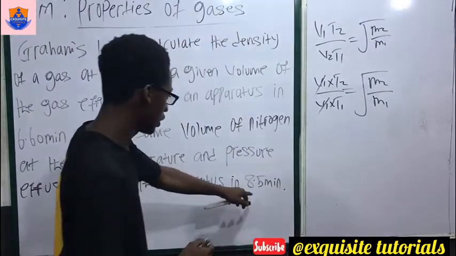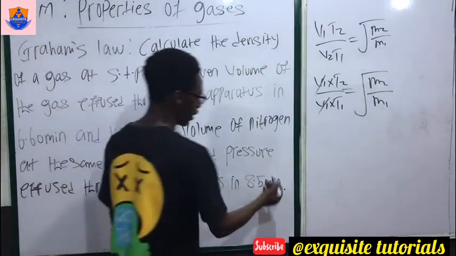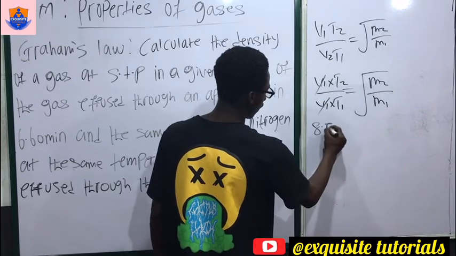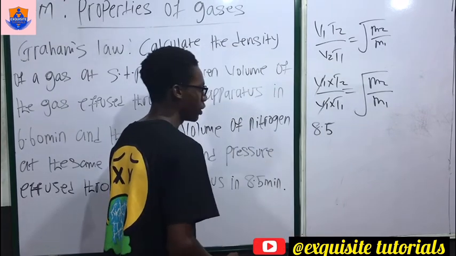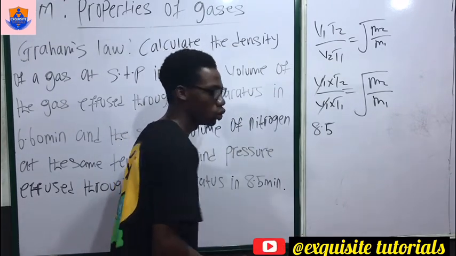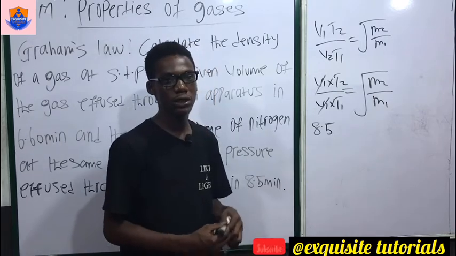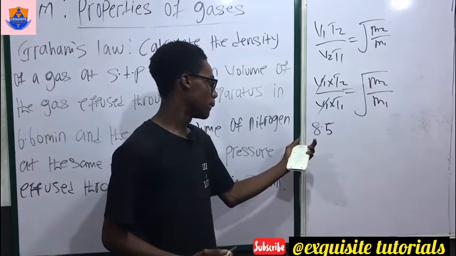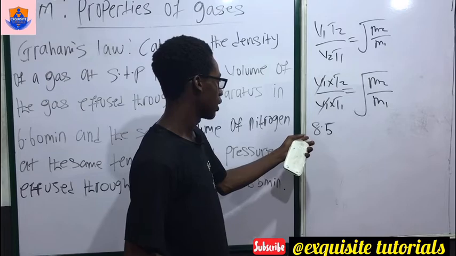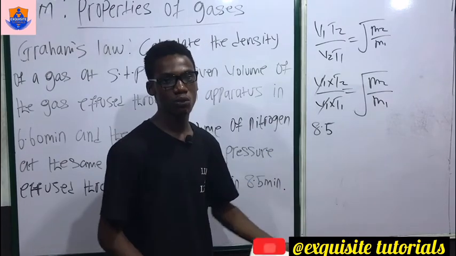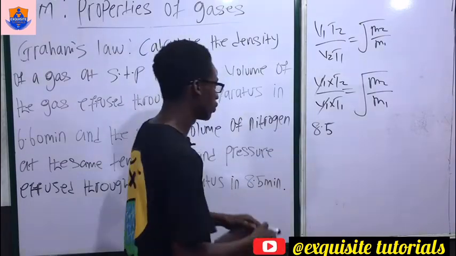Then this is the other term, 8.5 minutes. So we have it to be 8.5 minutes. Now we can convert to seconds, although converting to seconds does not really matter right here. But let's convert to seconds.